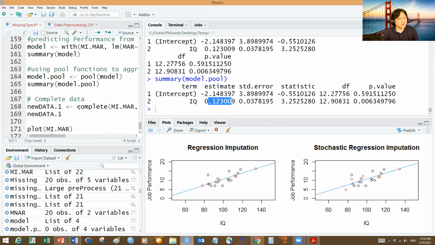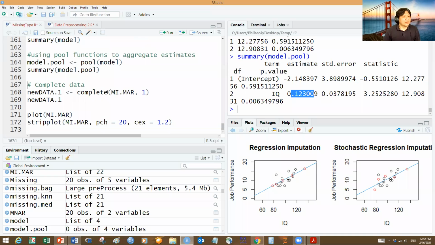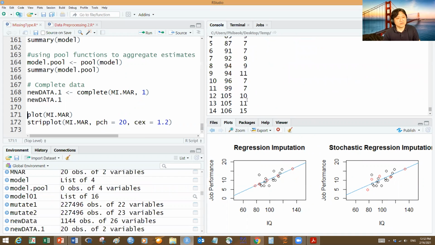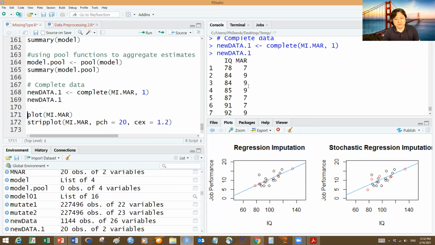This is how you can find your complete data sets. We have 20 data sets, right? Using the complete function, I want to get the first complete data set. So run it. This is the first complete data set, where all the missing values are imputed.